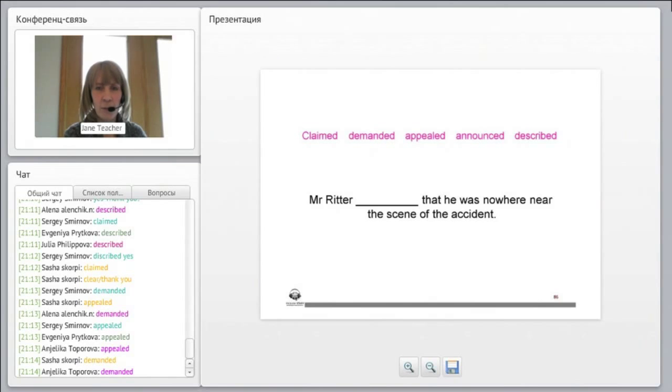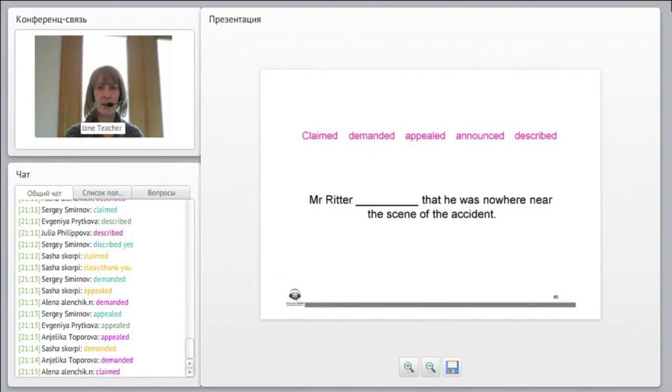Okay, a couple more. Mr. Ritter, that he was nowhere near the scene of the accident. What do you think? What would you put in the blank there? Which word? Alyona says claimed. Sasha claimed.